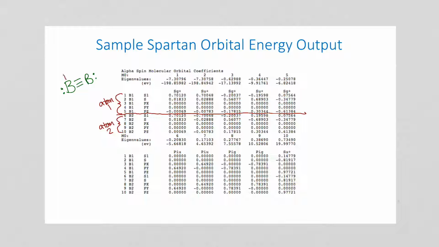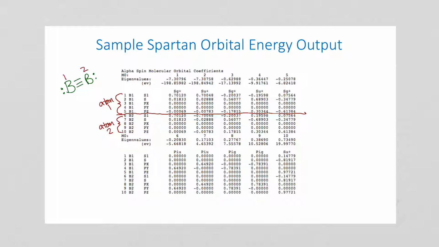So we see that we have s orbitals and p orbitals on atom 1 that are going to combine with s orbitals and p orbitals on atom 2.